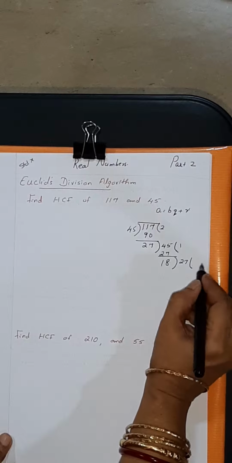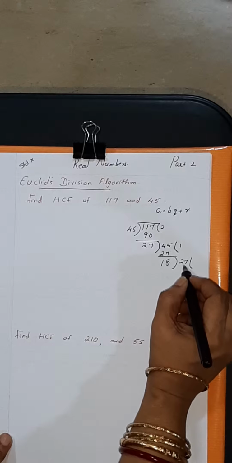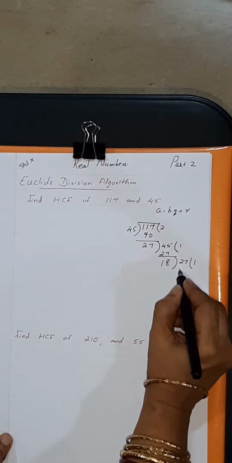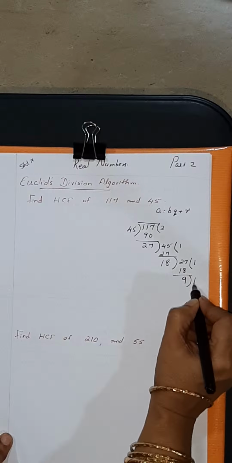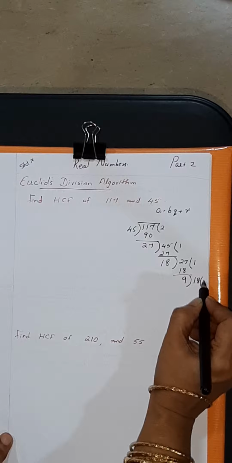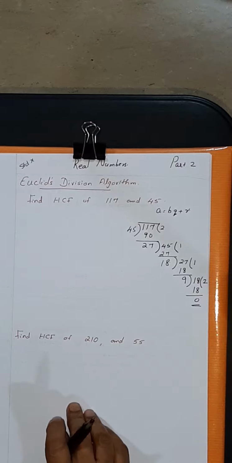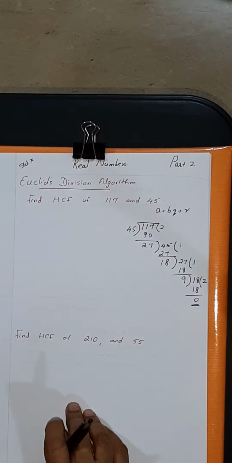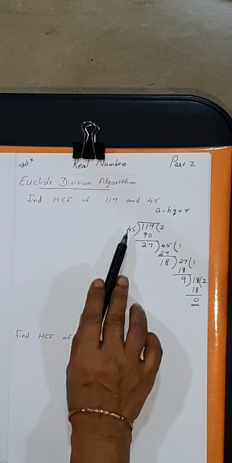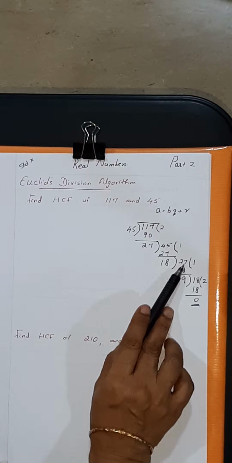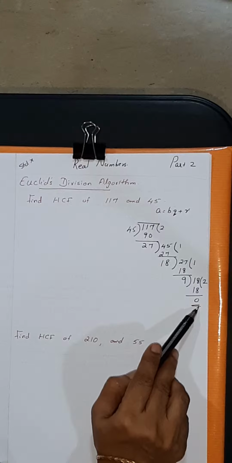You will get 1, and then 9. Then bring this 18 here, 18 divided by 9 is 2, remainder 0. So you are just bringing this 45 here, then this 27 here, this 18 here, and so on, and finally you will get your remainder as 0.